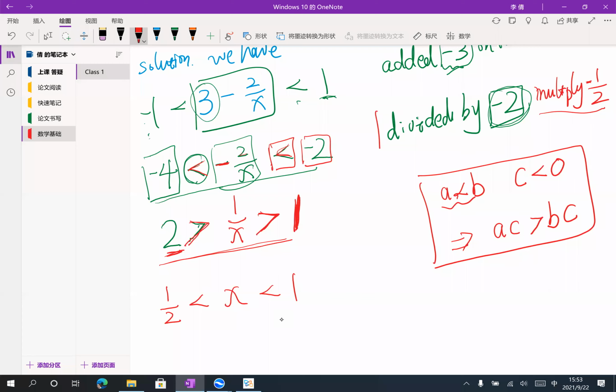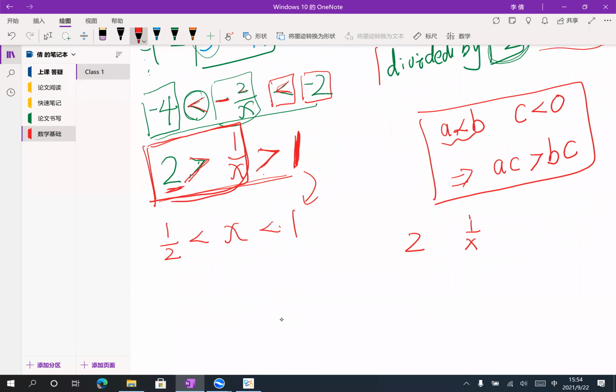Which property do we use to get it from this? We see the left inequality first. 1 over x is smaller than 2, right?